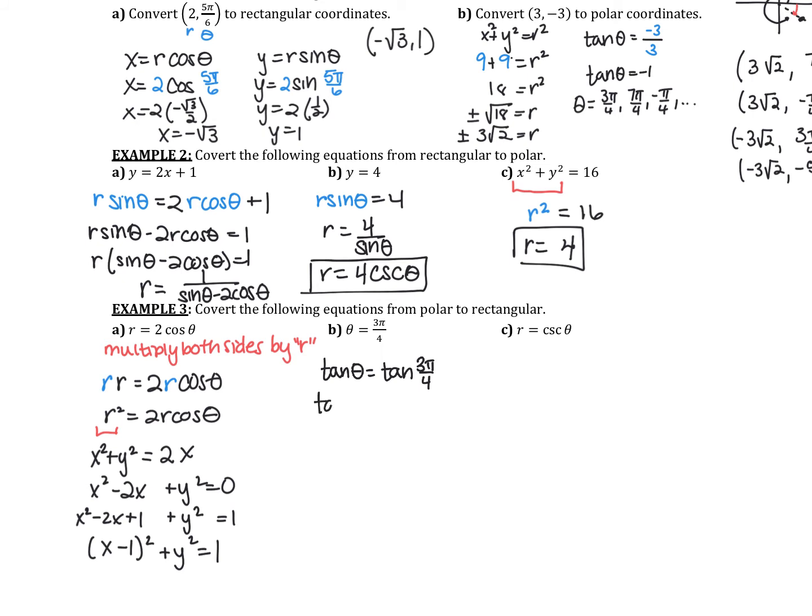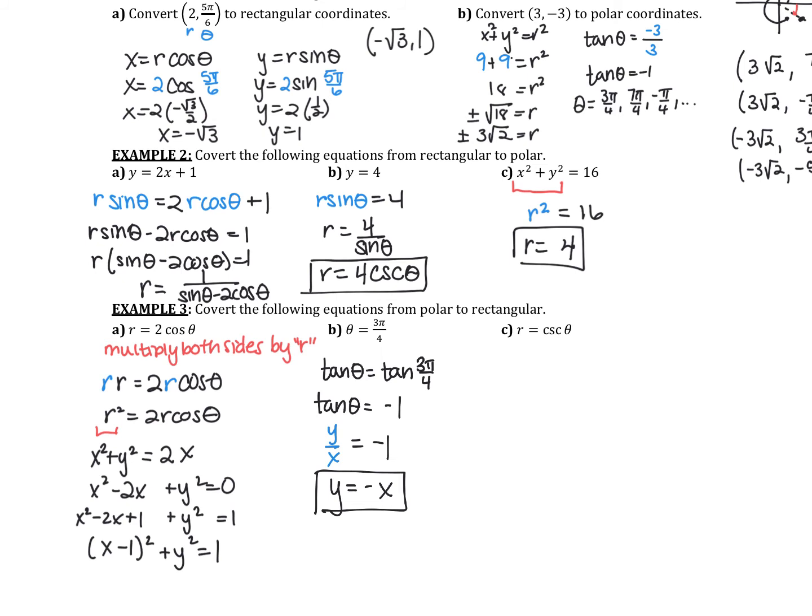Simplifying, we get the tangent of theta equals negative 1. Well, we know that the tangent of theta is y over x. And if I rewrite this, I get y equals negative 1 x. And this is the Cartesian graph, or the rectangular graph, of theta equals 3 pi over 4.